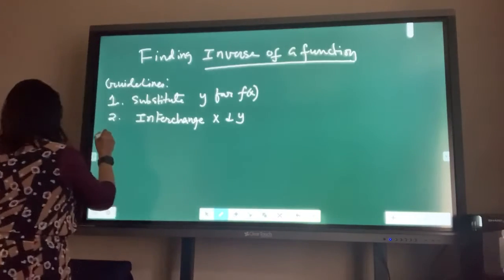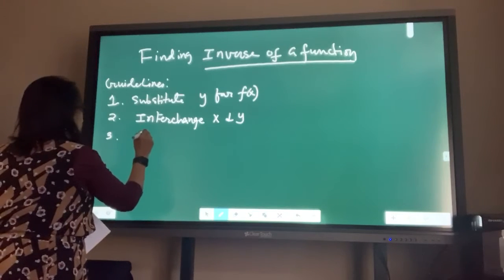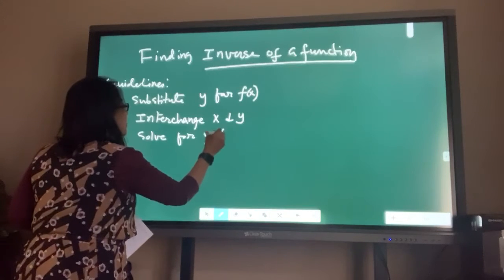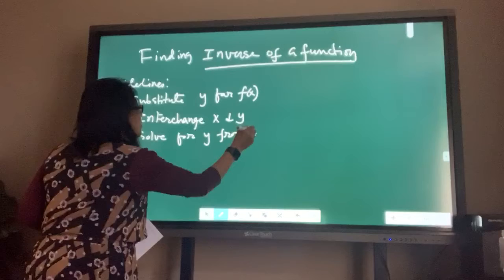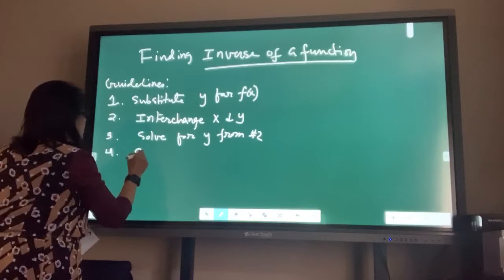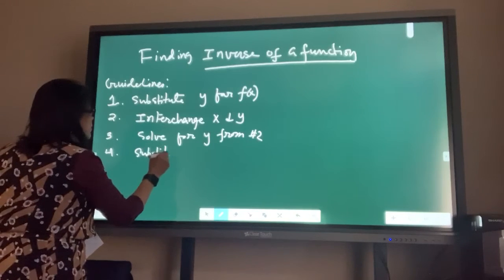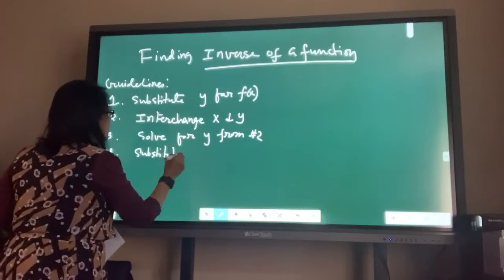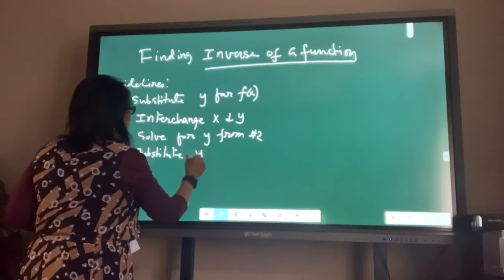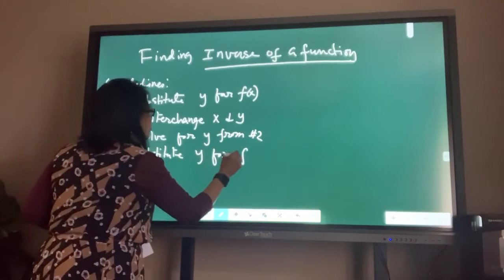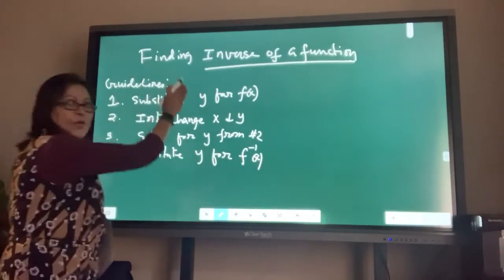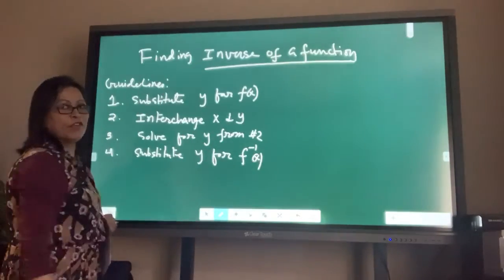Number 3, solve for y from number 2. And then the 4th one, substitute y for the inverse of the function, which is called f inverse x, like this. So these are the 4 guidelines that we must follow to finding the inverse of a function.